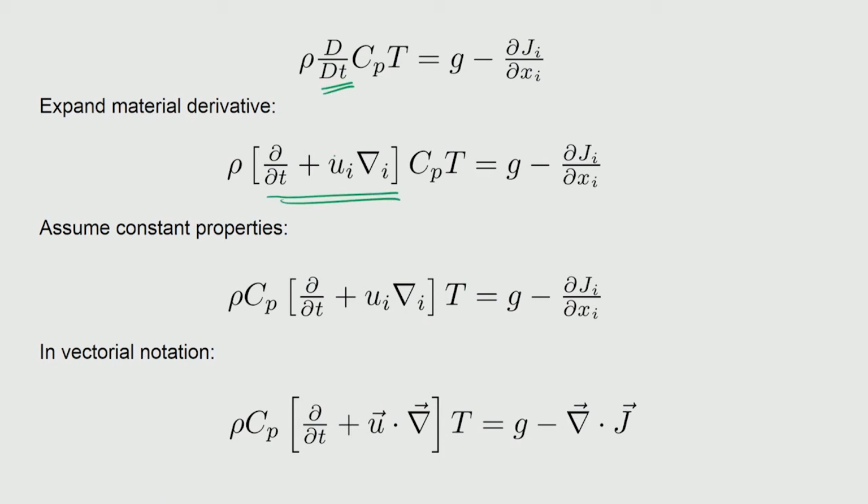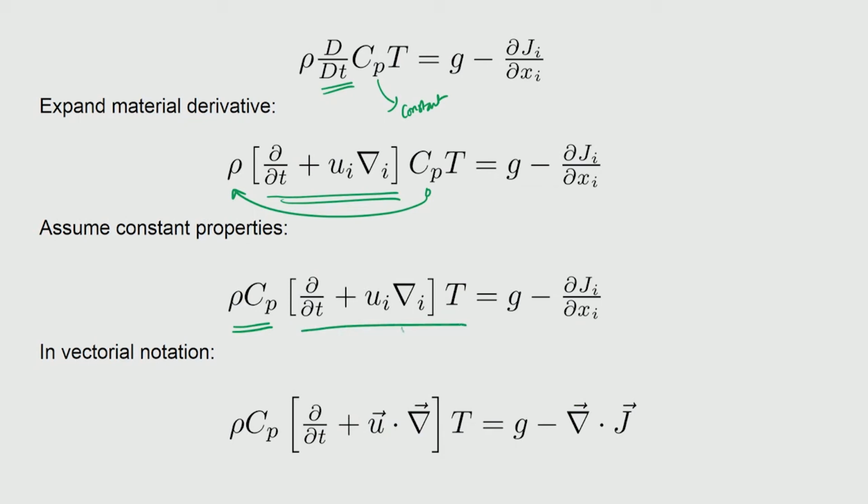We expand the material derivative here, and if we consider this to be constant, which means it is not a location dependent quantity, then you can take it out. In problems where you have location dependent properties, do not do this manipulation; you can use the equation as it is. But in case of homogeneous media, if the properties are not location dependent, then you can take them out and collect them aside, so the material derivative acts only on the temperature.